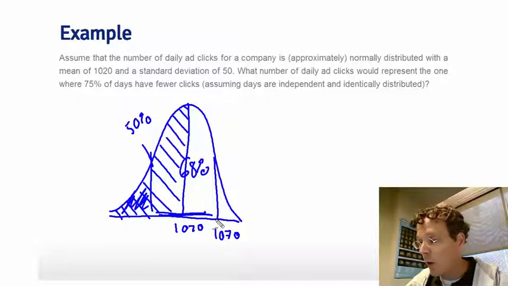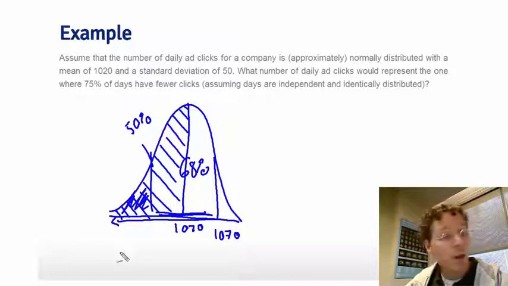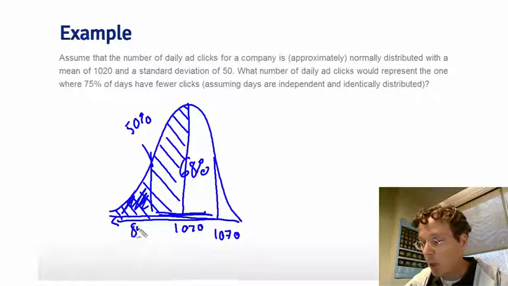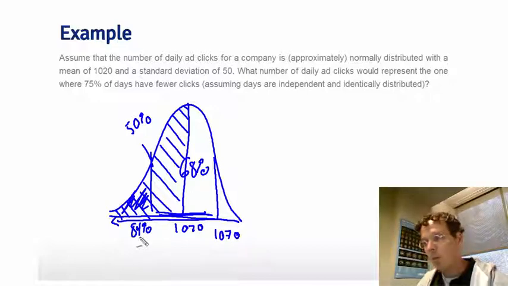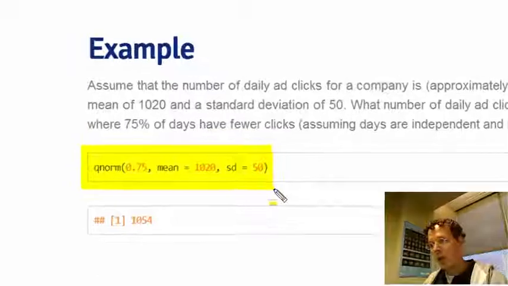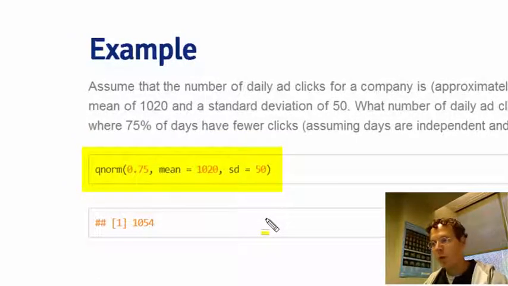So from 1,070 below should be about 84%. So we know that whatever number we get has to be between 1,020 and 1,070. And here's the command right here where we do qnorm 0.75, mean equal to 1,020, and standard deviation equal to 50. And of course we get a number between the two numbers that we were talking about before, 1,054.